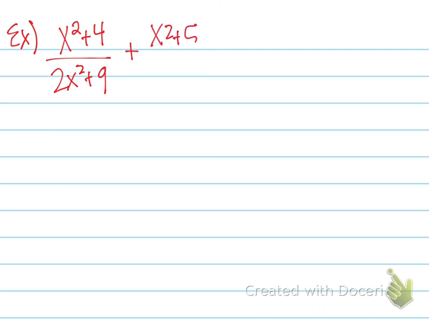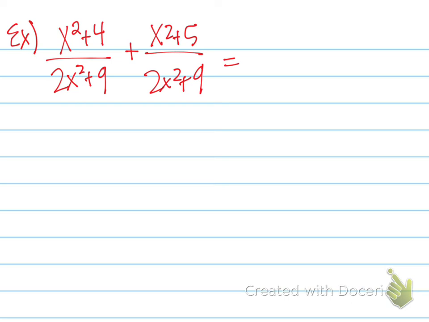Okay, so first example, there's 5 examples, then we're done. First example, x squared plus 4 over 2x squared plus 9 plus x squared plus 5 over 2x squared plus 9 equals. Okay.